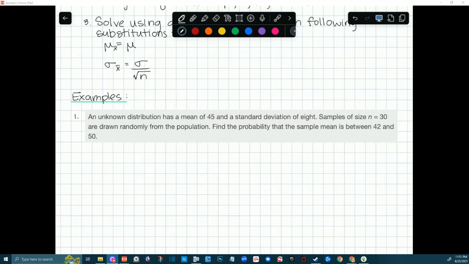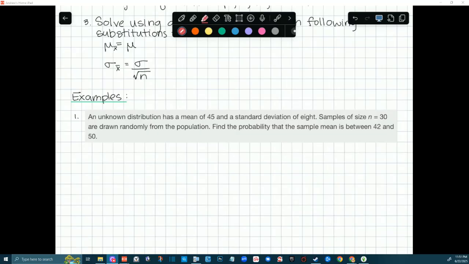So the first example says an unknown distribution has a mean of 45 and a standard deviation of 8. Samples of size n equals 30 are drawn randomly from the population. Find the probability that the sample mean is between 42 and 50. So let's go ahead and go through.